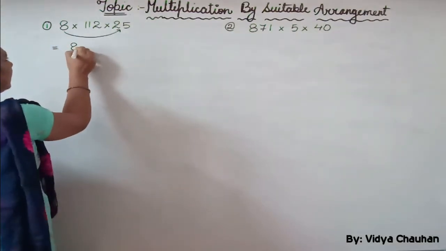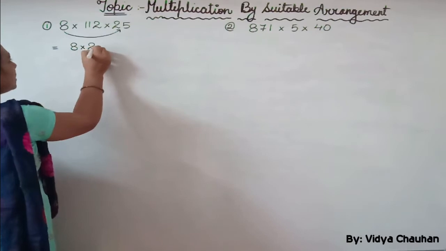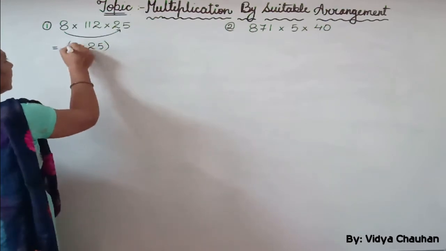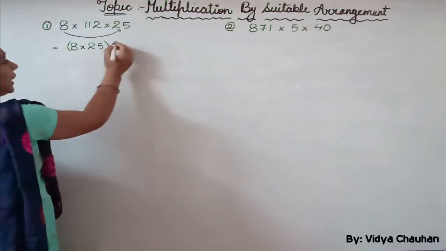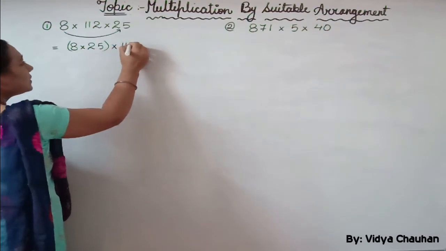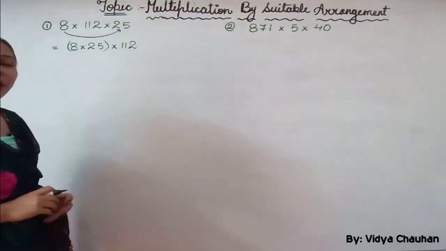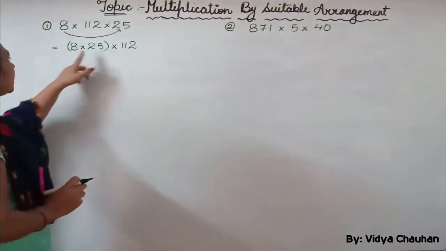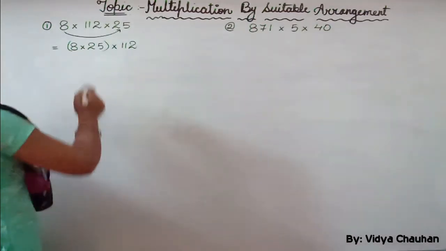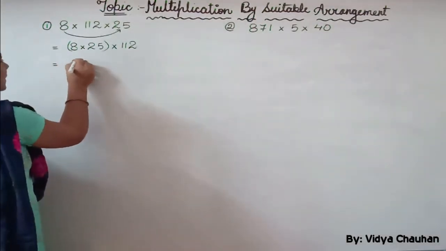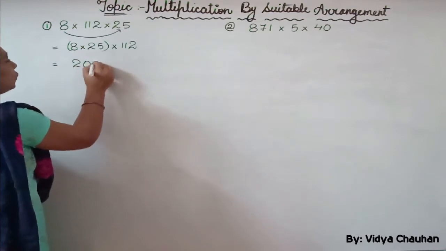If I write it in a proper order, it is 8 multiplied by 25. I have made a group here, and then I will multiply the value with 112. So what is 25 8s? 25 8s are, students, 200.